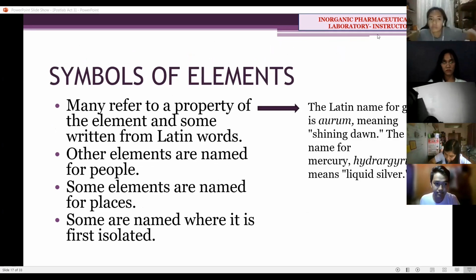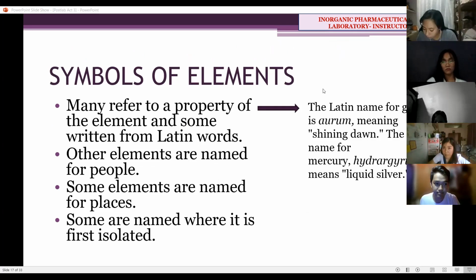Okay? So, paano na siya? Na-mention na siya kagaina sa reporters. We have here, how do we predict the names and symbols of the elements? Other class is referred to a property of the element or some comes from their Latin words. So, na-mention ni Ira kagaina, like sa gold, di ba ang symbol na to sa gold kay Au?